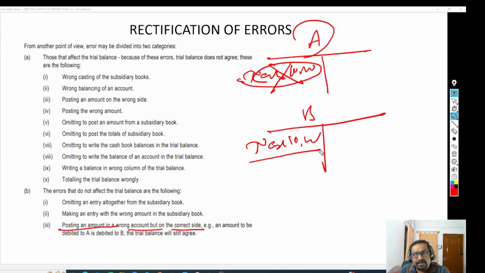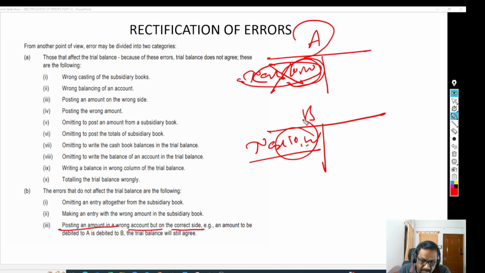Will that have any impact on trial balance? No. Why? Instead of showing the debit in A books, you showed that amount in B books. So debit is accounted correctly, but the debit is accounted in an incorrect account.